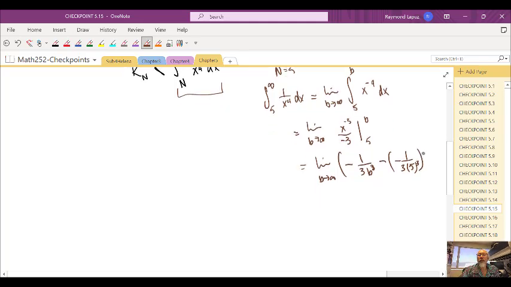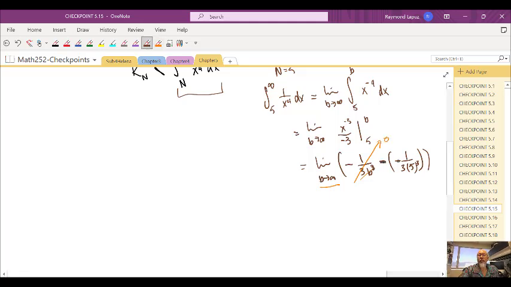If we take the limit as b goes to infinity, the denominator goes to infinity and that whole term goes to 0. What do we have left?